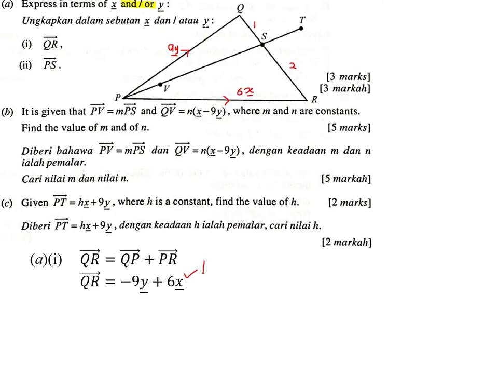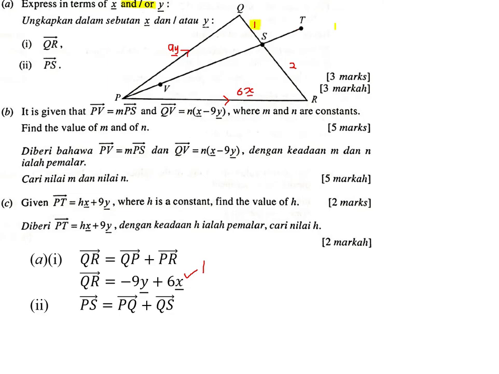Next, we want to find PS. You can go through either Q or R: PQ plus QS or PR plus RS. In my answer here, I refer to Q. PQ plus QS. PQ is already given, which is 9y. So in order to find this QS, we need to know what is QR first, which is negative 9y plus 6x.